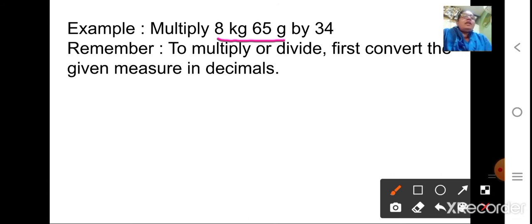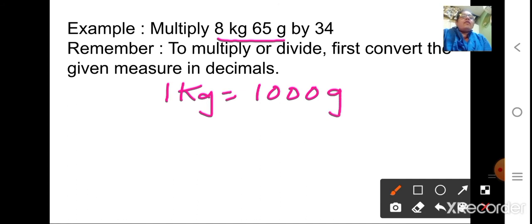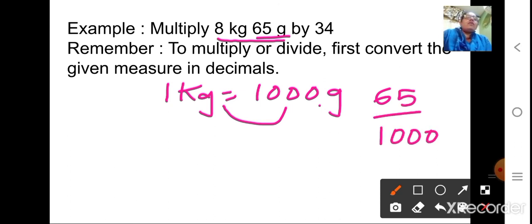Now when we convert 65 gram, you all know that 1 kg is equal to 1000 gram. When we convert this 65 gram into kg, you have to divide this 65 by 1000. That is, you're converting from smaller unit to bigger unit.